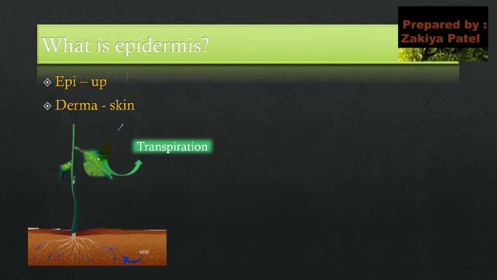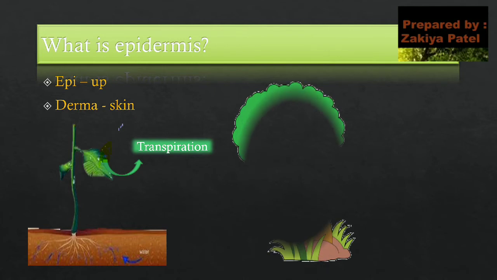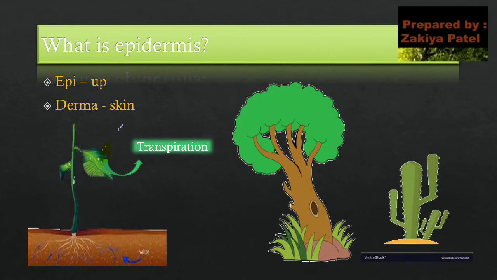But if we compare a normal plant with a desert plant, what is the basic necessity of the desert plant? Yes, desert plants lose very little amount of water, because they are already in a dry habitat. So they have to conserve their water. They need the water.